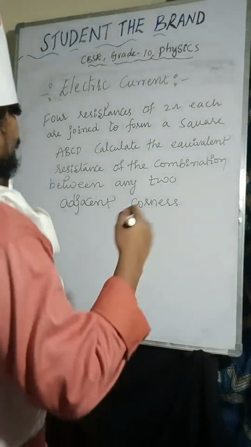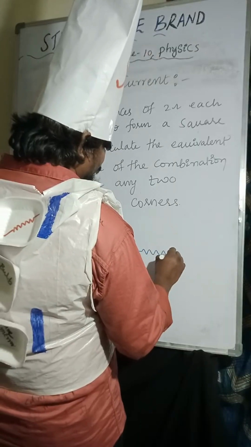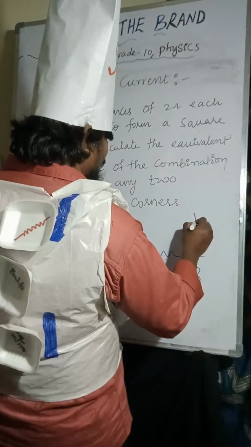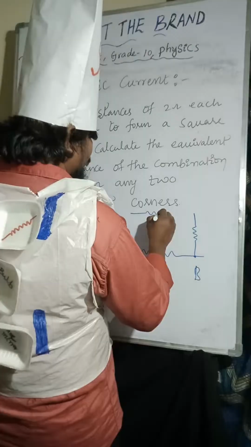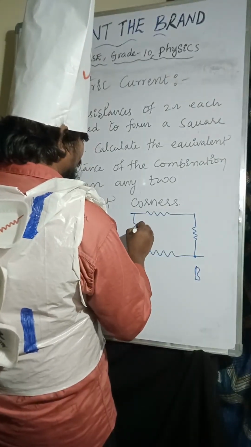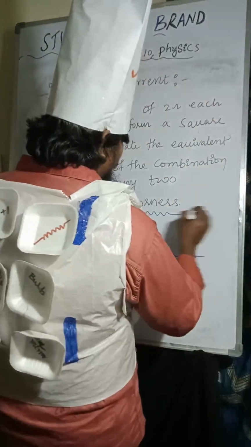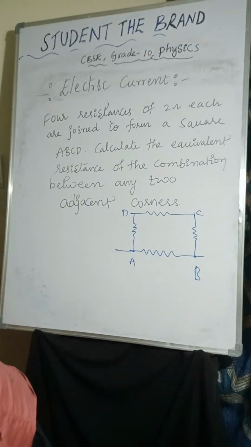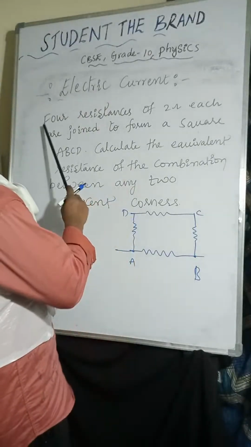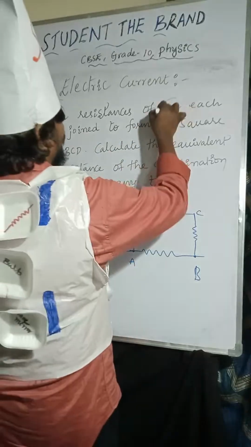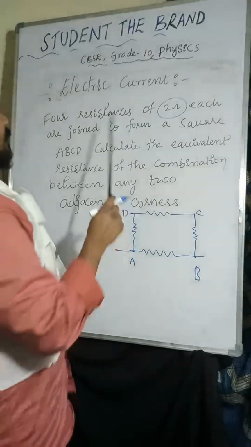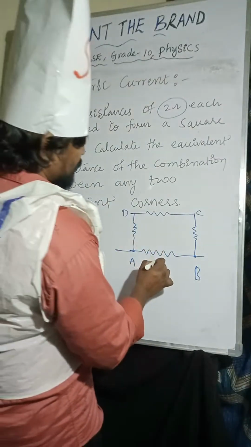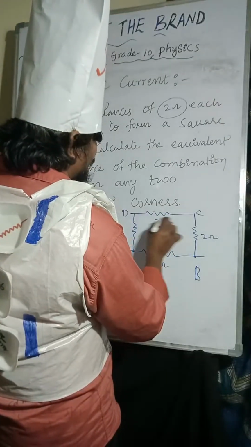So here you can observe, this is A and this is B. Here I am considering A, B, C, D. Four resistances of 2 ohm each are joined to form a square ABCD, so take 2 ohm, 2 ohm, 2 ohm, 2 ohm.